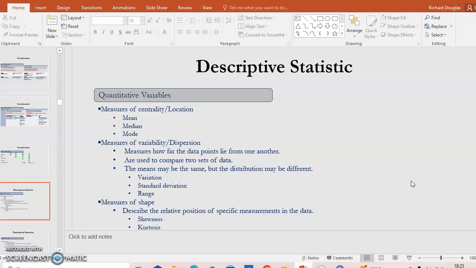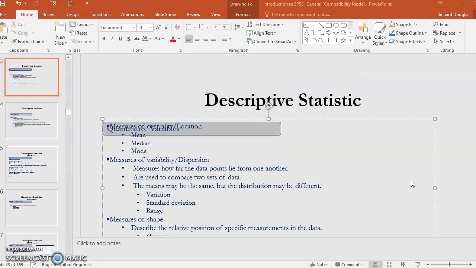Or one may be interested in the measure of variability, which we can call dispersion. This is concerned with how far the data points lie from one another, and it can be used to compare two sets of data.